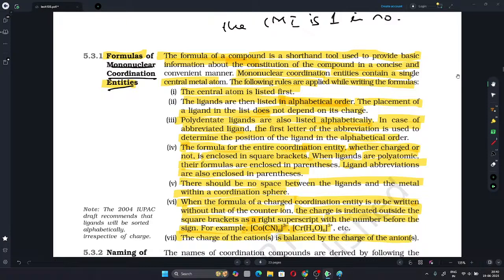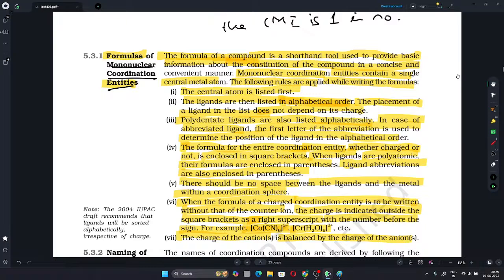Mononuclear coordination entities contain a single central metal atom. In other words, if a complex contains only a single central metal atom, it is what we call a mononuclear coordination entity.